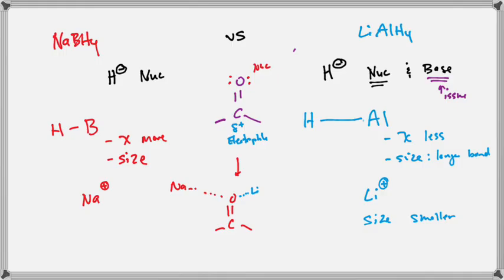In the case of the lithium, it's a shorter bond, which makes that bond stronger, which then makes the pi bond that much weaker. So the lithium counter ion that we would just hand wave away as a spectator actually has a role to play in making lithium aluminum hydride that much more reactive. Which is kind of neat.